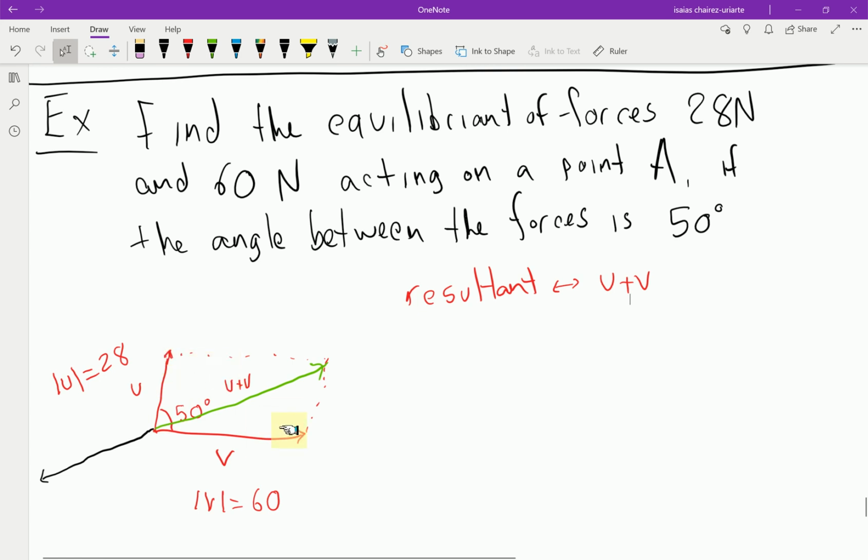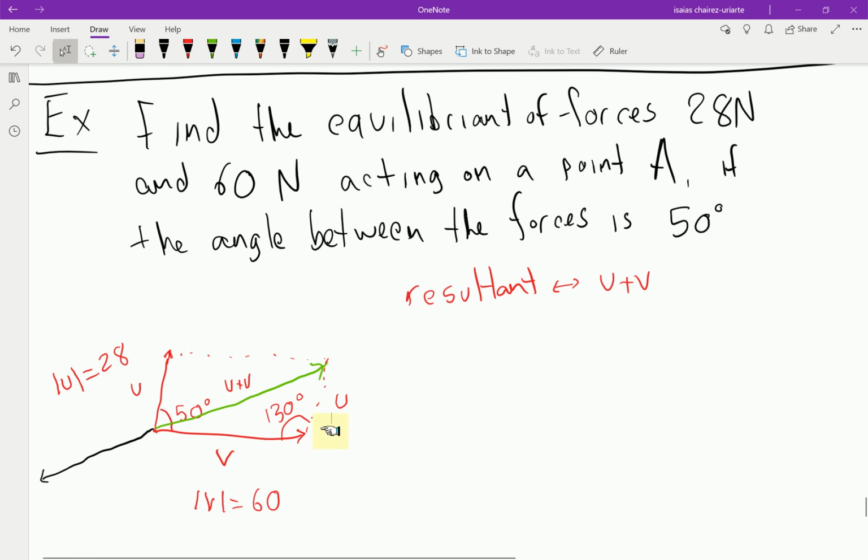So hopefully you agree with me that this angle right here should be 130 degrees. So 50 plus 50 is 100, 130 and 130 is 260. 100 plus 260 is 360.